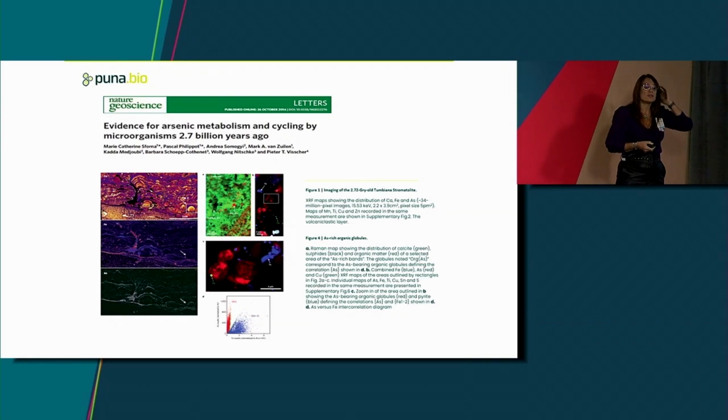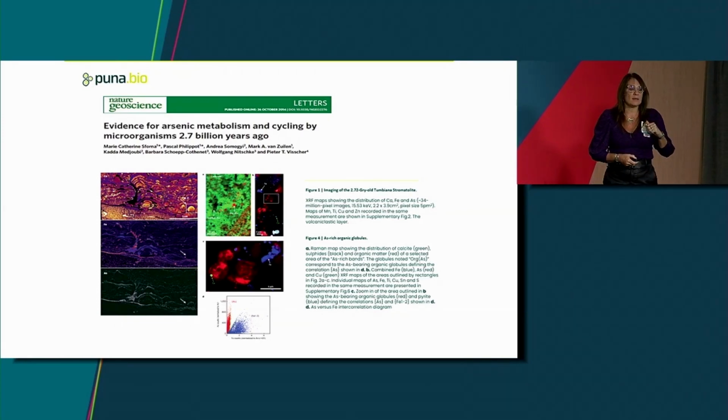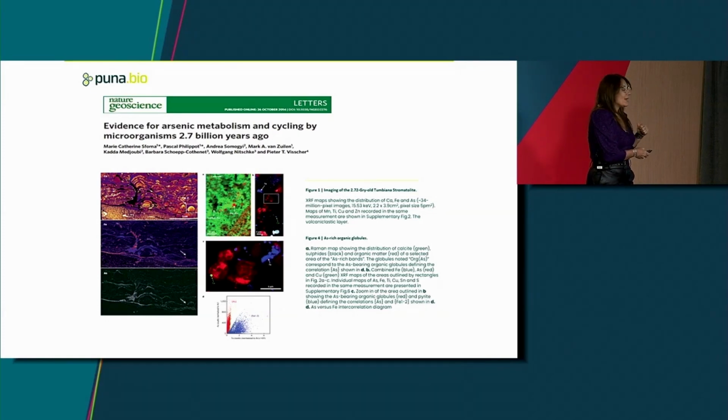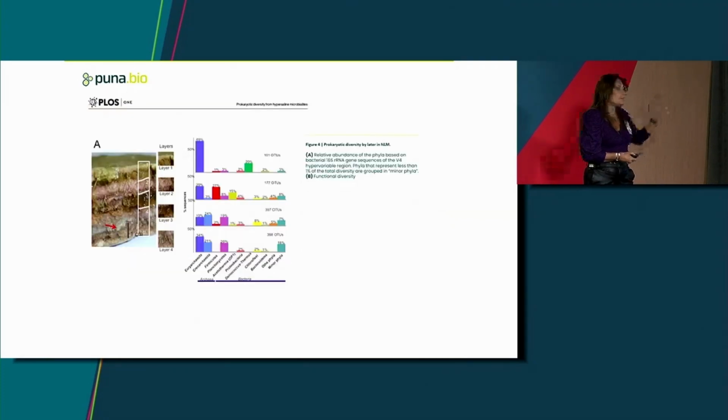It was also found in Pilbara fossil stromatolites from 2.7 billion years ago, where arsenic was found next to organic matter production. It was found in a fossil stromatolite, a very old one. But when we studied our system, we have exactly the same situation.